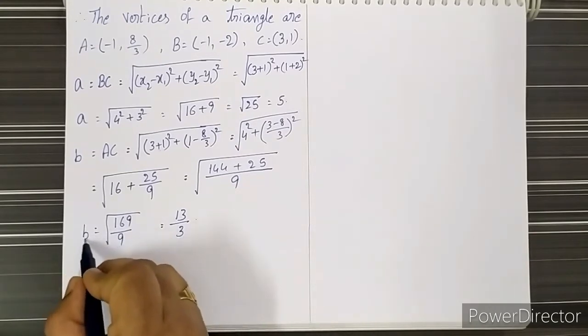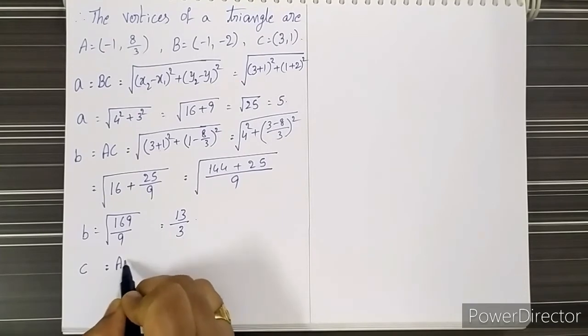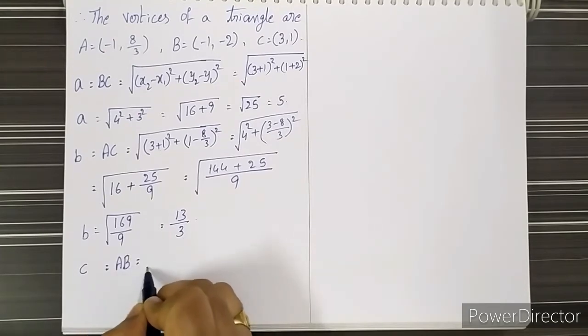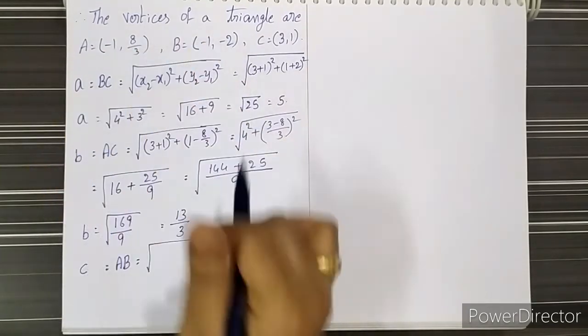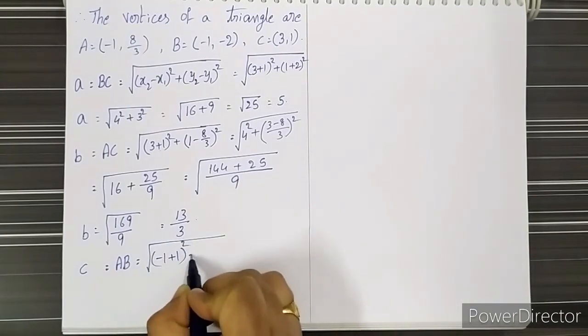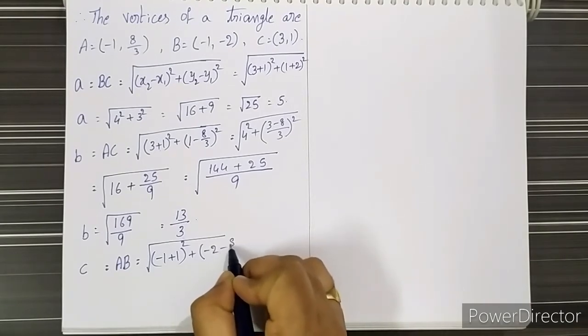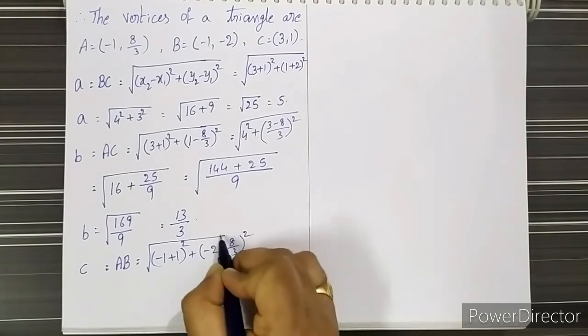This is the b value. Finally, c equal to the length of the side AB, square root of (minus 1 plus 1) whole square plus (minus 2 minus 8/3) whole square.